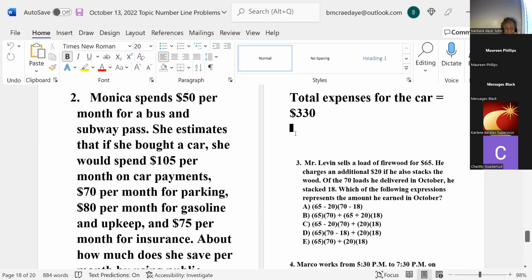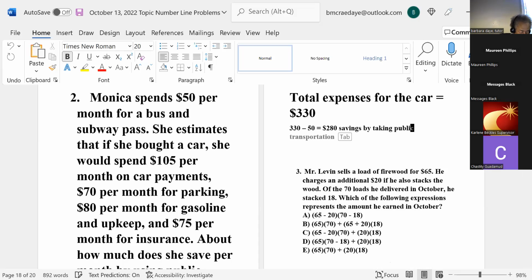How much? 280. Oh yeah, 330 minus 50, right, equals $280 savings at taking public transportation.